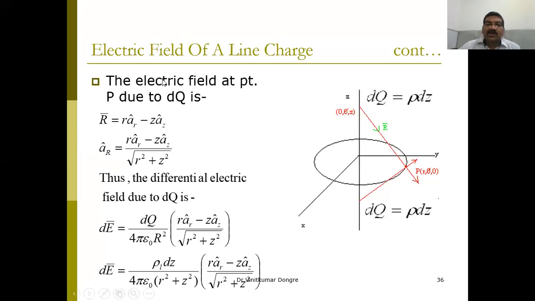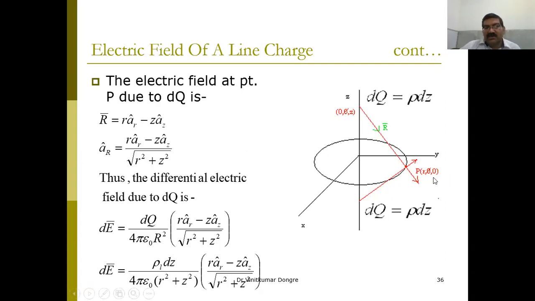Now what to do? We find the electric field at point P due to dq. Due to the point charge, what will be the electric field intensity at point P? Then it can be integrated so that we have the complete impact of the charges along the z-axis. So I'll calculate, as we usually solve the problem, the vector R and the unit vector aR.